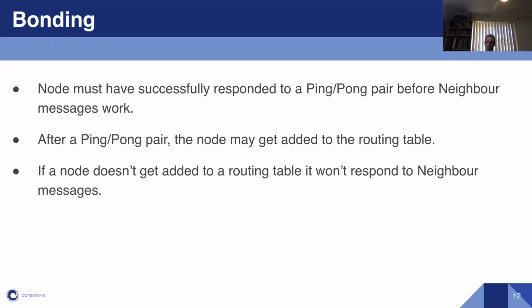So they thought, okay, we'll solve that, we'll implement this bonding process. There are questions about whether that was actually the most effective thing to have been done, but it is what it is, and it is there now. The idea with the bonding is that before you respond to a find neighbors, you need to have done a ping and pong pair of messages.